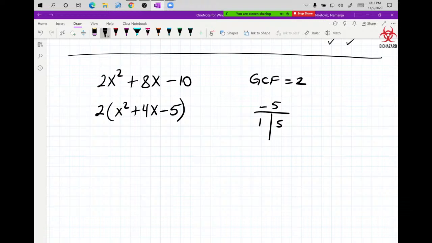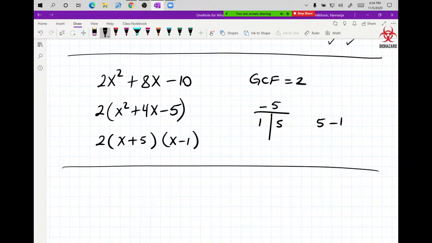And to make a positive 4, we need 5 minus 1, so x plus 5 and x minus 1. So these problems now are going to bring in an extra step in factoring, because you have to worry about the GCF as well. So there's that part. Does it make sense?